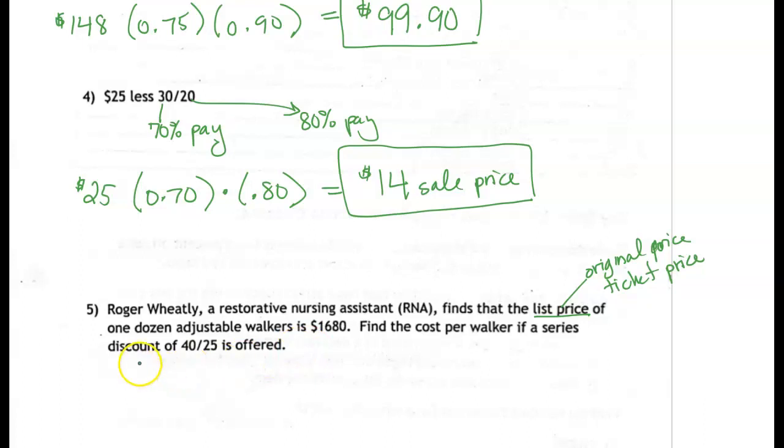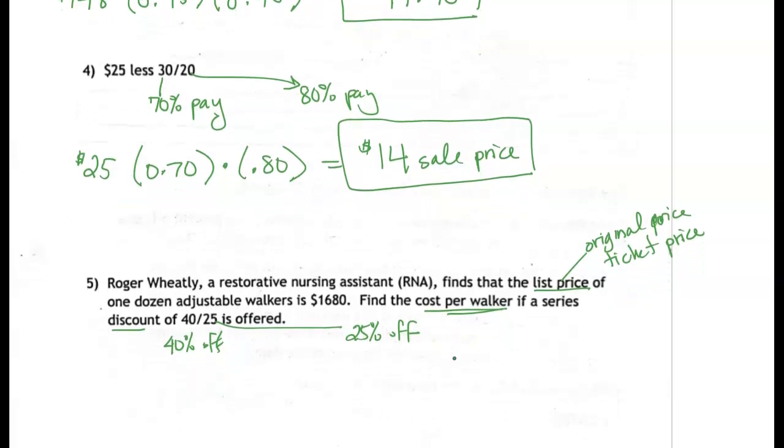We want to find the sale price or the discount price. Okay. 1 dozen, so that's important to remember that 1 dozen is 12. So the purchase of 1 dozen walkers is $1,680. We want to find the cost of 1 walker. Okay. If you get a series discount of 40% off, and then followed by 25% off.